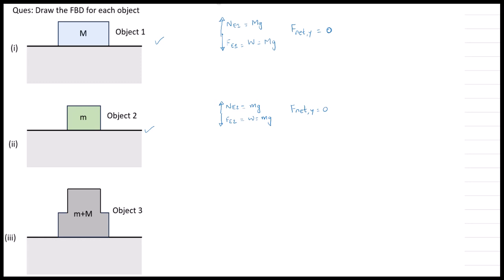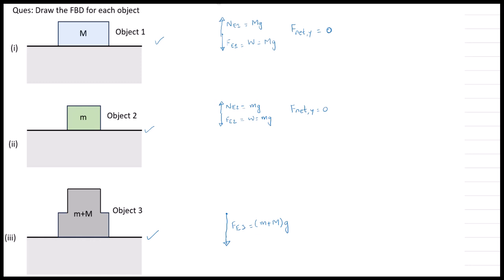Now, what's the reason for introducing the third picture? Let's say we have another object 3. This time it has a mass of M plus m. So again, the concept will be the same. In the downward direction, there will be a weight. This time it will be bigger than capital Mg or small mg. Let's assume this is the center of mass of the object 3. So the force by Earth on object 3 will be equal to the weight of the object, which in this case will be M plus m times g.